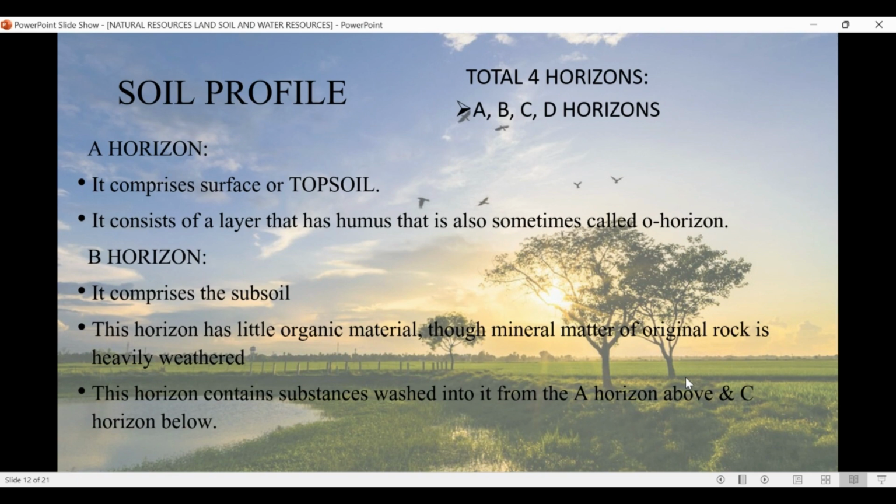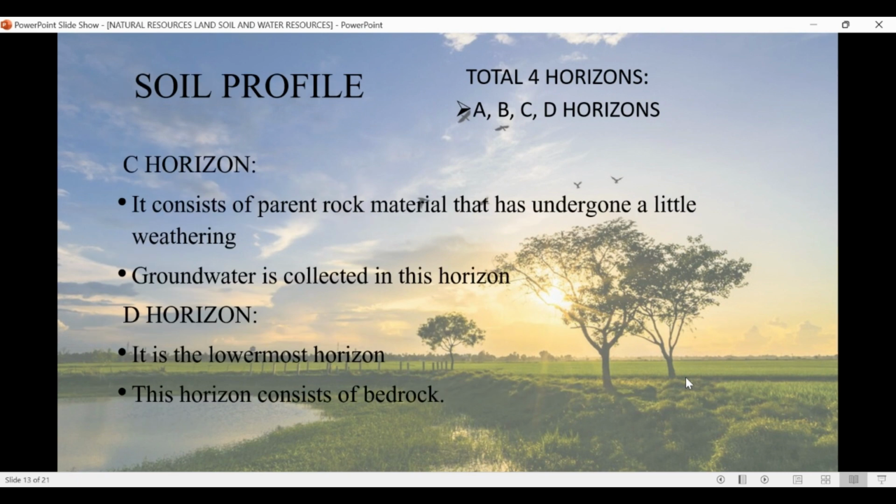It comprises the subsoil. This horizon has very little organic material in it, though mineral matter of the original rock is heavily weathered. This horizon contains substances washed down from the A horizon above and from the C horizon below.